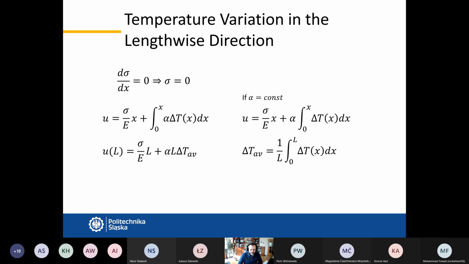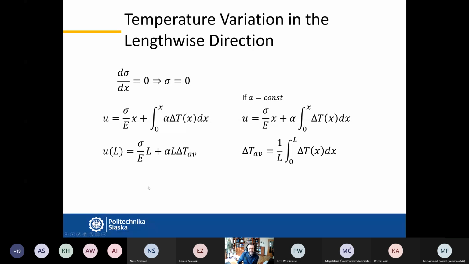So it changes with x, but instead of integrating, you can firstly calculate the average temperature in the bar and calculate it in the same manner.